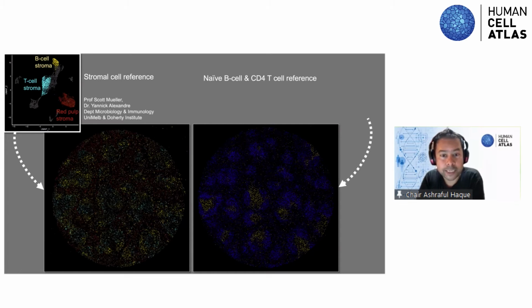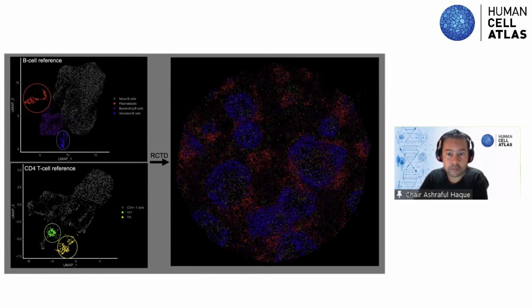And if you try and map a completely different reference data set, the B cell and T cell data set on the right, you can start to see some very clear structure, which shows you that there's probably a lot of detail in these SlideSeq version 2 arrays that can be deduced with the right references. Having done that, we really wanted to focus on 4 populations that are circled on the left, 2 different types of B cell at the top and 2 different types of T cell state at the bottom. In particular, we're interested in the yellow population, and does it co-localize with B cells in blue?